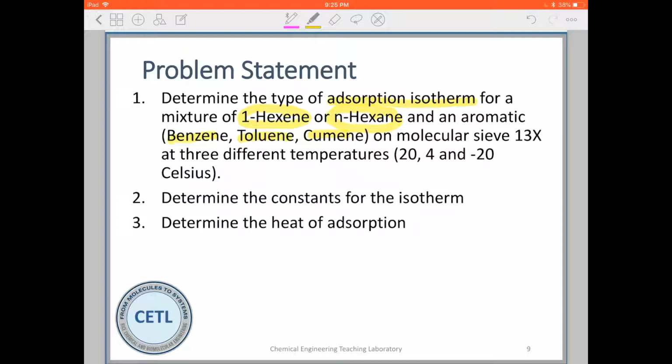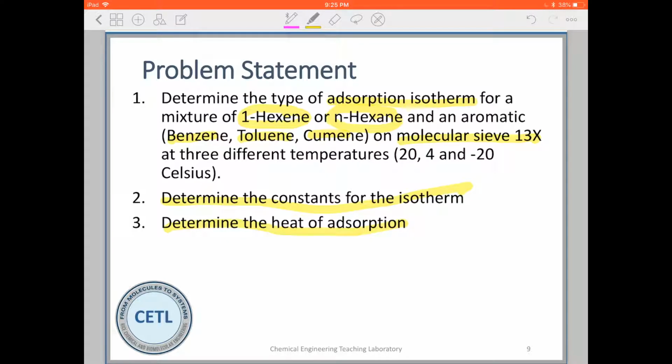And then you will observe the aromatic adsorb onto molecular sieves 13X. You will conduct this experiment at 3 different temperatures: 20 degrees Celsius, 4 degrees Celsius, and negative 20 degrees Celsius. Once you've identified the type of isotherm, you need to determine the constants for this isotherm. And last but not least, you need to figure out the heat of adsorption.